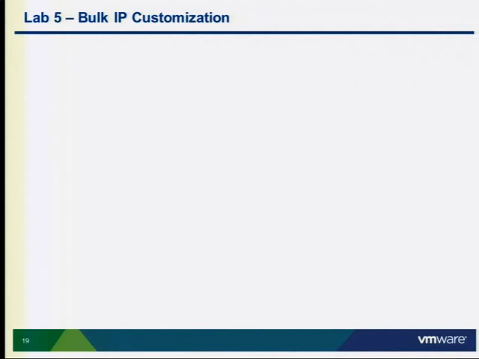The next lab is about IP customization. So in the old days, not that old, in the old days for SRM, which was just 18 months ago, so really not that old at all, but the rate we're moving, it is pretty old. In the first version of SRM, you had to go and create customization scripts in vCenter like you do when you're running sysprep.